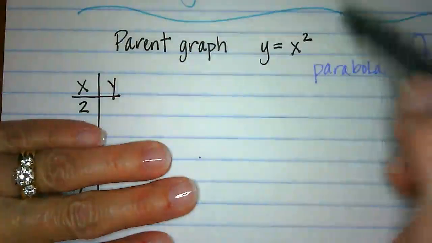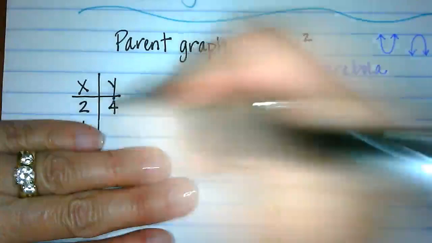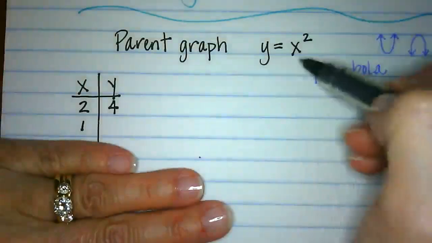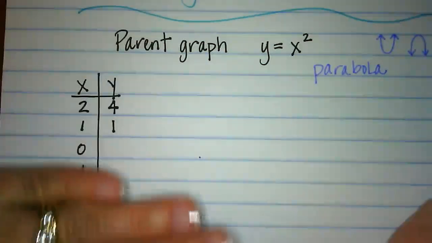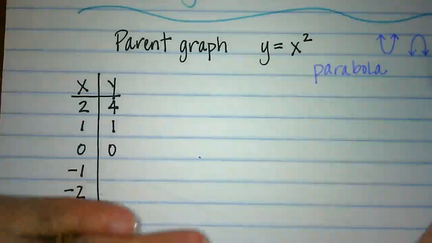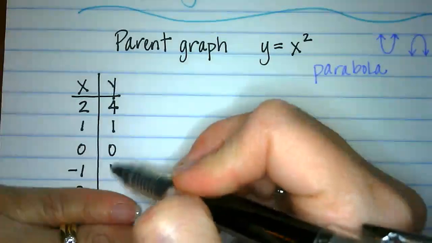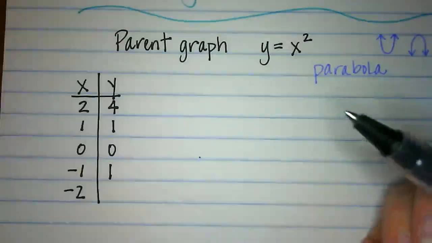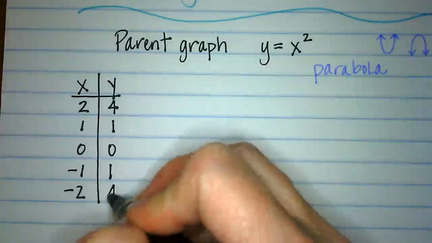If we fill in 2 for x, y is 2 squared, which is 4. If we fill in a 1 for x, y is 1 squared, which is 1. If we fill in 0 for x, we get 0. If we fill in negative 1 for x, we get 1. If we fill in negative 2 for x, we get 4.